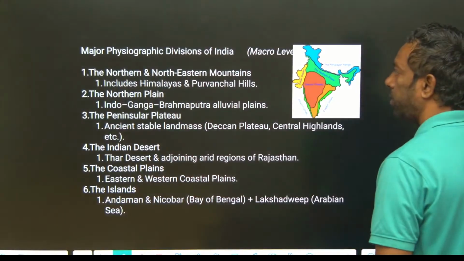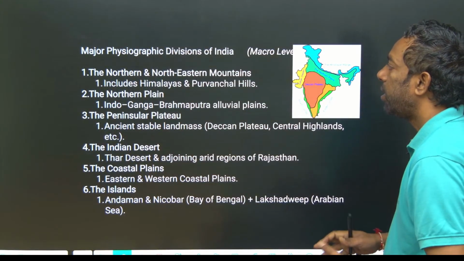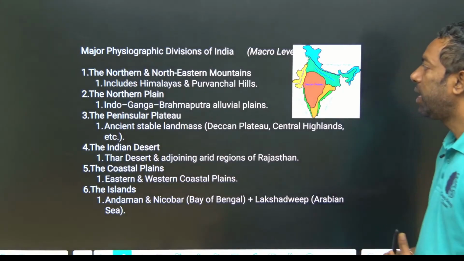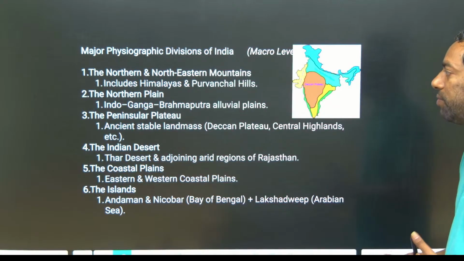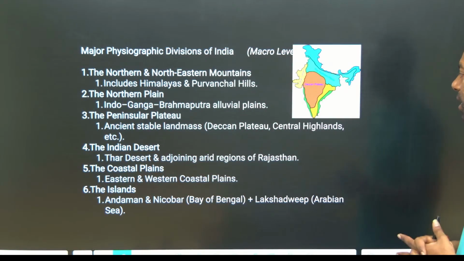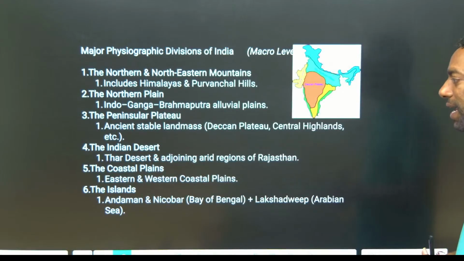Next, the major physiographic divisions of India. The northeastern mountains include the Himalayas and Purvanchal hills. The northern plains are the Indo-Gangetic and Brahmaputra alluvial plains. The Peninsular plateau is an ancient stable landmass, the Deccan plateau and central highlands. Then the Indian desert and adjoining regions of Rajasthan, the coastal plains, eastern and western, and the islands, the Andaman and Nicobar Islands.